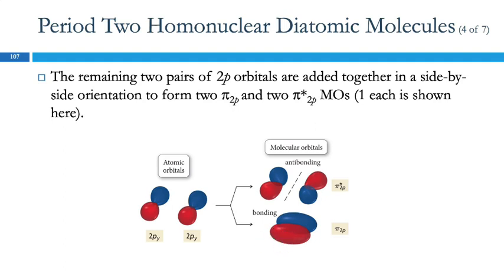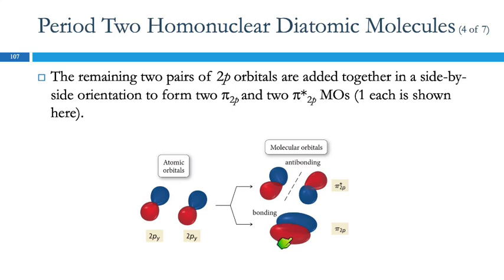It's reinforcement. The wave got bigger, right? When the crests of the wave interfere with the crests of the wave. And then here is flipping this one and adding it backwards, or you can think of subtracting. But here we've got blue interacting with red, and they're going to cancel each other out. And so again, we're going to get this node in the middle where there's no electron density.